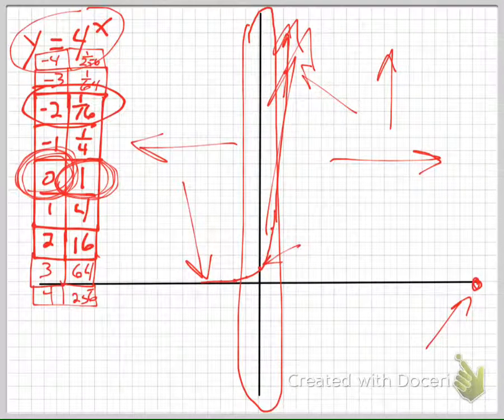When x was 0, y was 1, which makes the y-intercept 1. Make sense? Your assignment today is going to be to make a table all day, to make a table and graph these babies. That's it. Make a table and graph them.